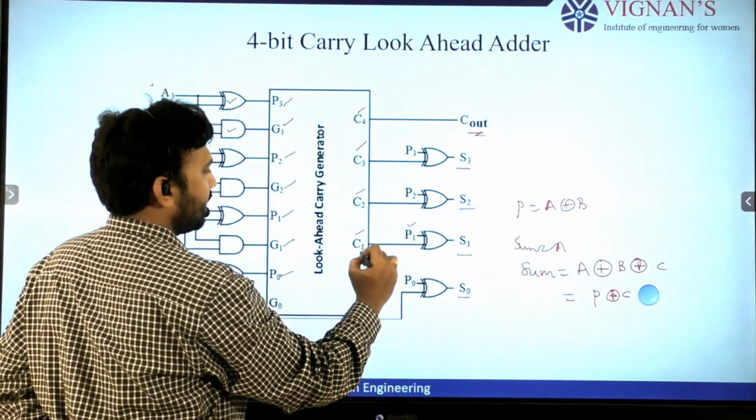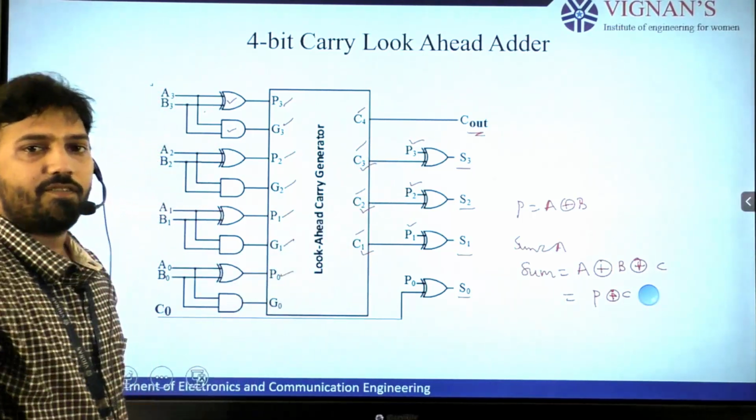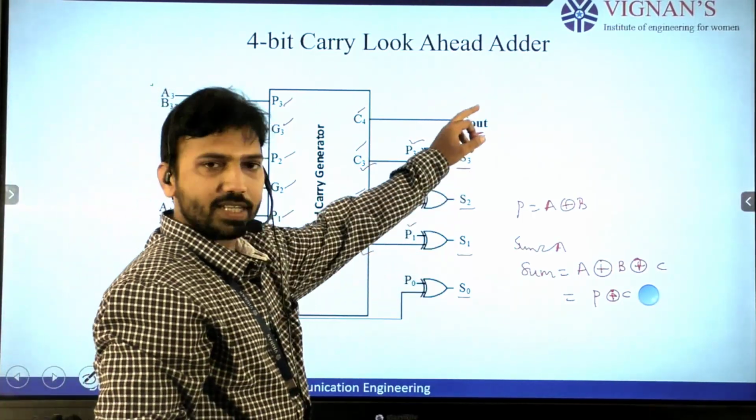Next P1 XOR C1, P2 XOR C2, P3 XOR C3 will give us the final sum. So sum as well as the carry will be produced.